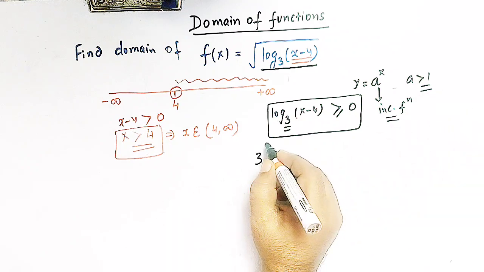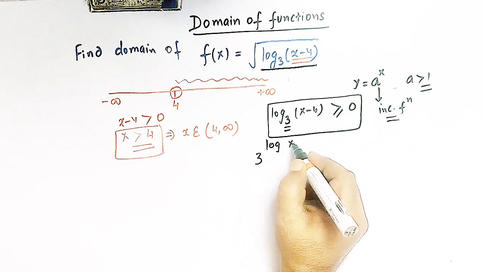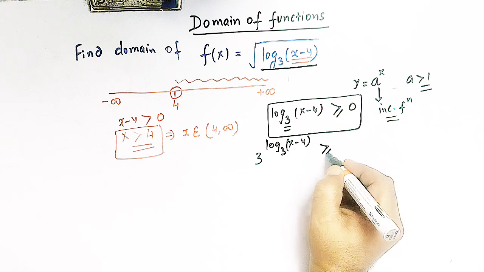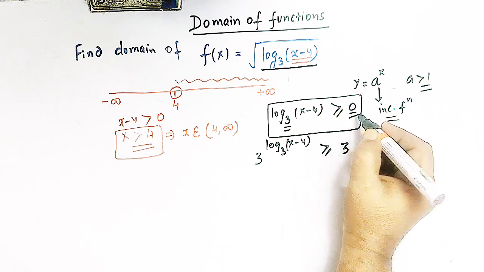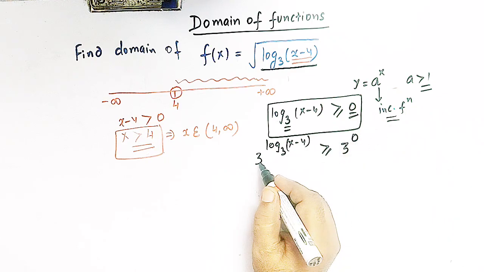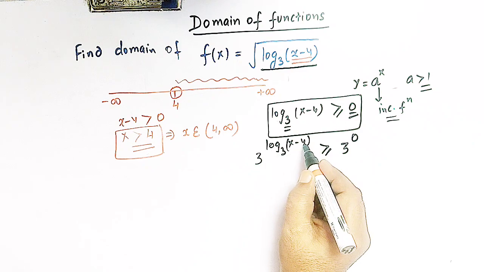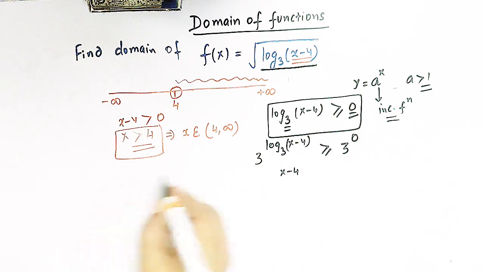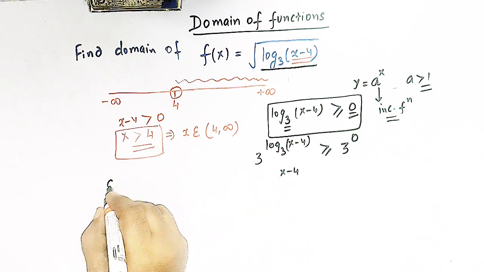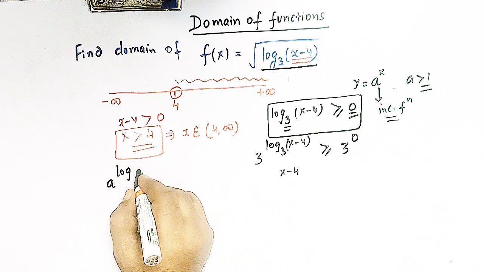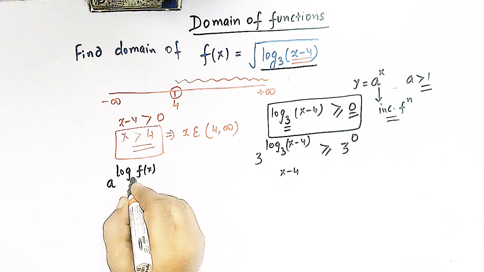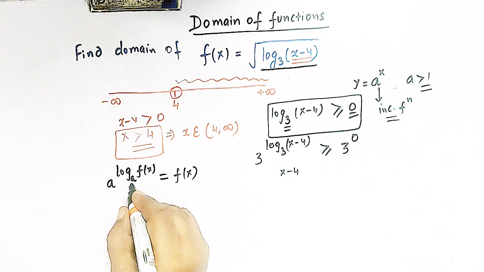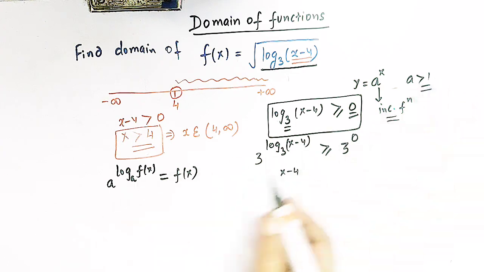So we'll write 3 raised to log of x minus 4, with base 3, and here we have 3 raised to 0. Now 3 raised to log of x minus 4 to the base 3 is simply x minus 4, because we know that a raised to log of f of x to the base a is equal to f of x, where a is greater than 1.